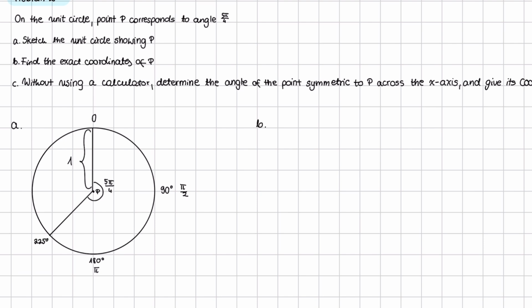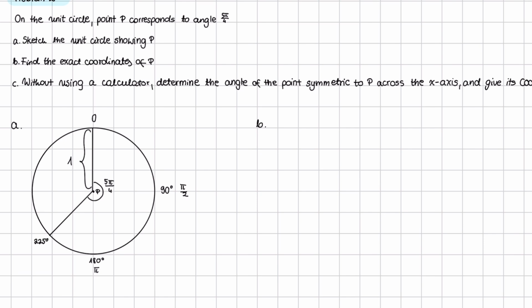So we know that when we have to deal with a unit circle, the first coordinate is always cosine of this angle, and the second coordinate is sine also of the same angle.